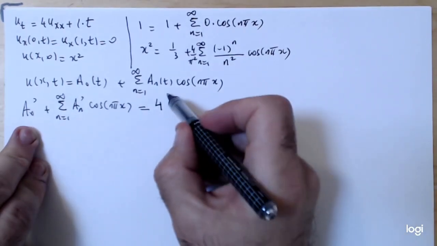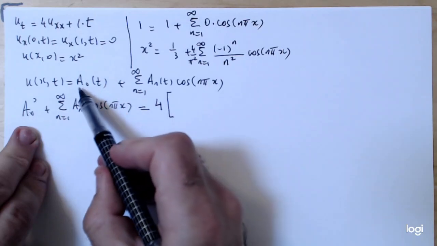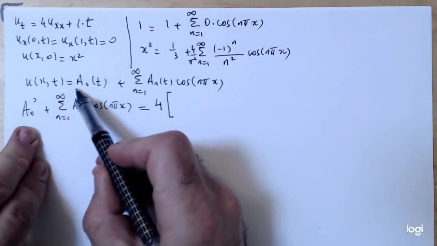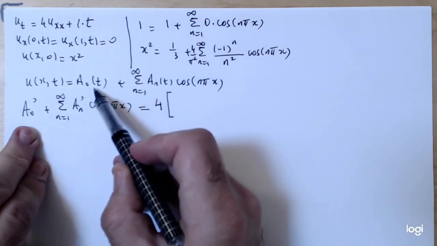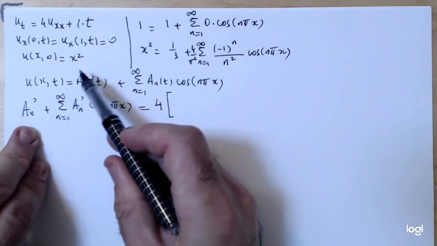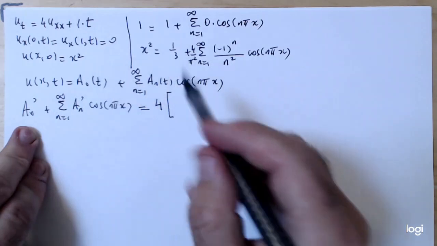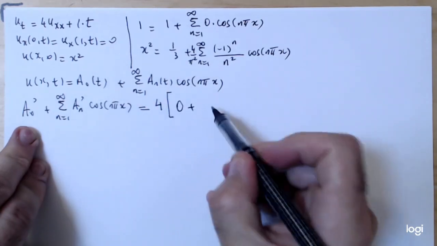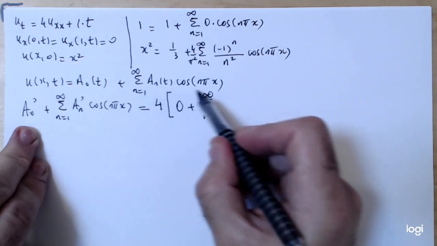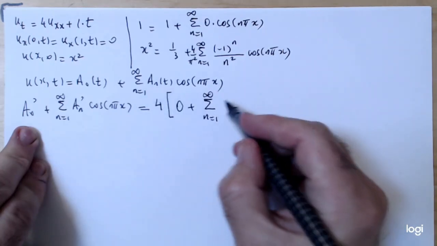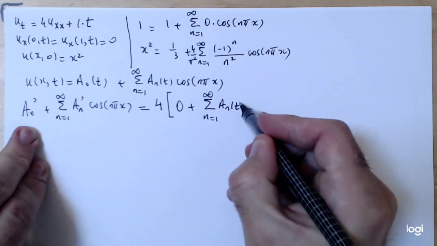Now, very carefully, on the right-hand side, 4 is multiplied by partial x twice. Partial x twice will eliminate this guy. Okay, so partial x of a naught is 0. When I differentiate with respect to x twice, a n of t remains as it is.